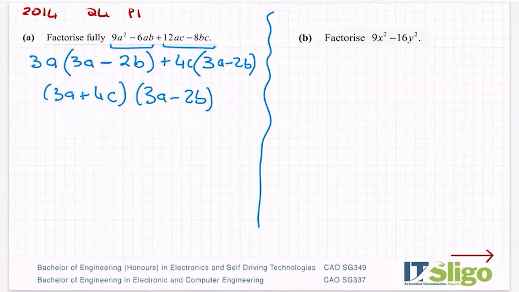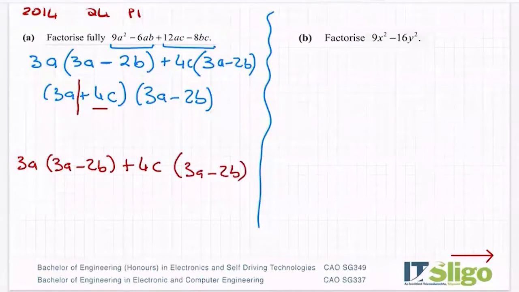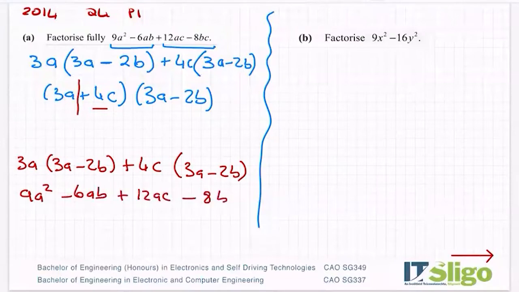In other words, if I split this first bracket and I do 3a by everything in the second bracket plus 4c by everything in the second bracket, so in other words, if I multiply out those brackets, you are going to get back to what was in your question. Okay, so see that? See how that matches perfectly with him. Okay, so that's what it means to factorize.